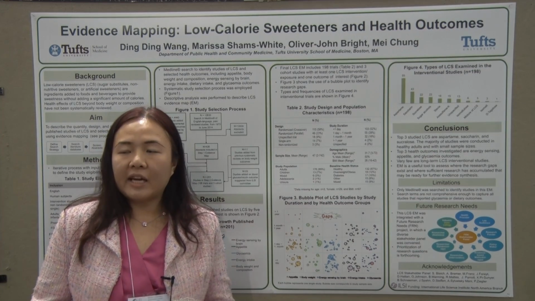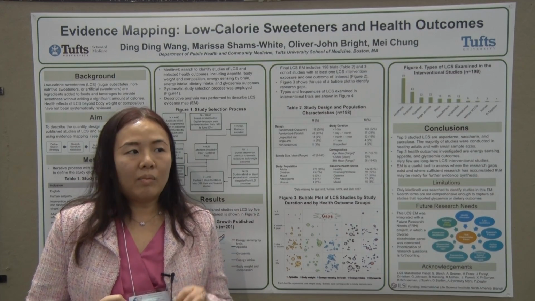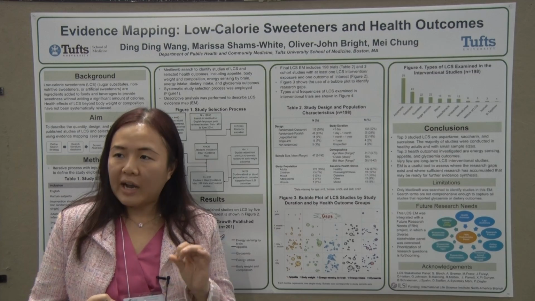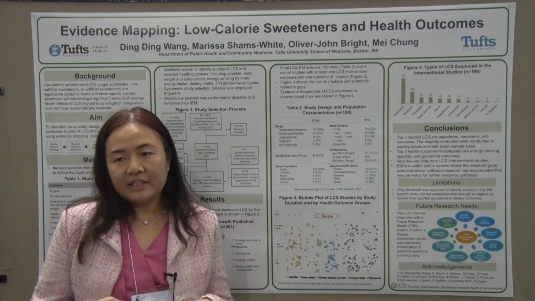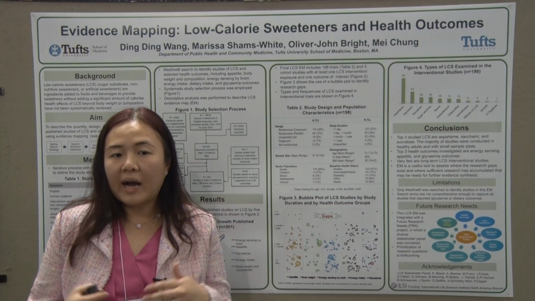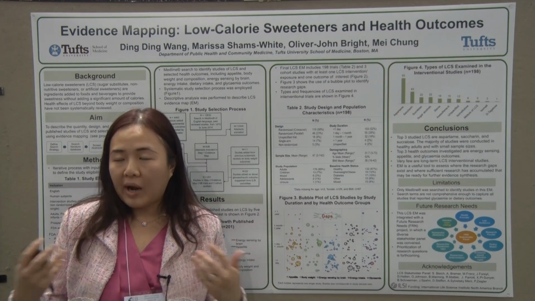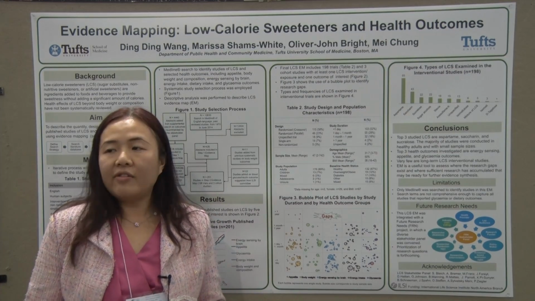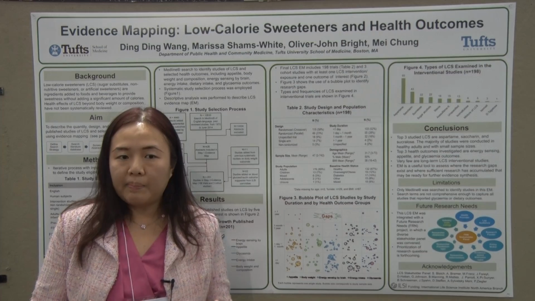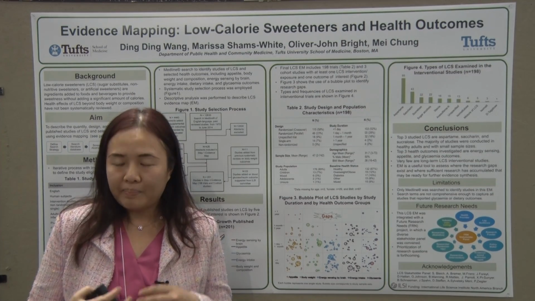Compared with a systematic review, where typically we need to be very focused on one or two interventions or outcomes of interest, evidence mapping can identify a wide array of different studies in a broad area of research. Therefore, evidence mapping is important to inform both future primary studies and systematic reviews.